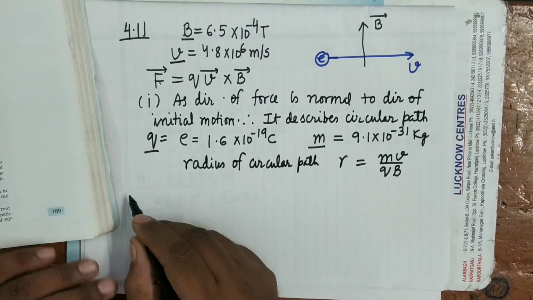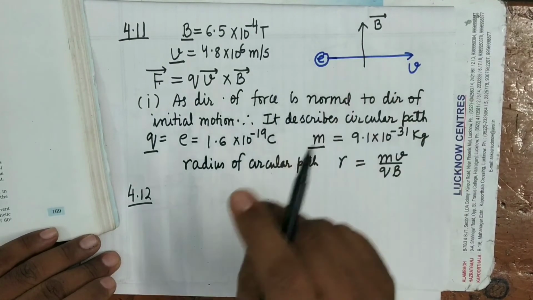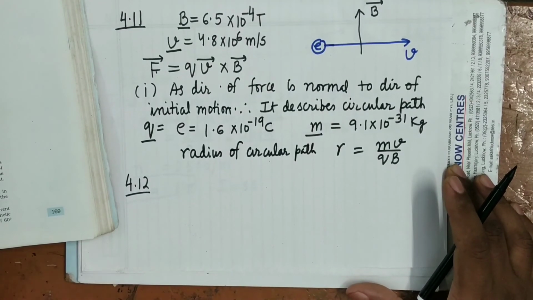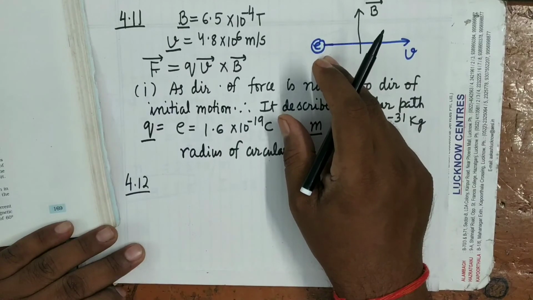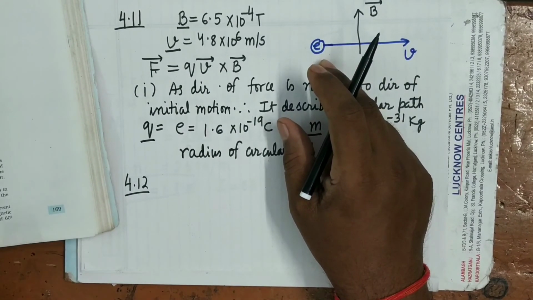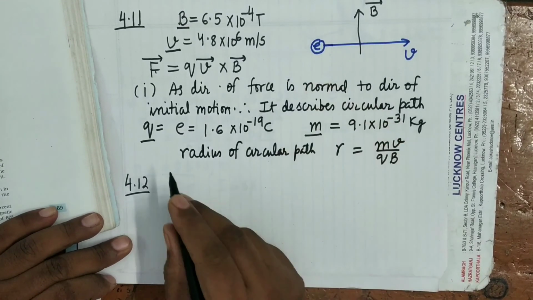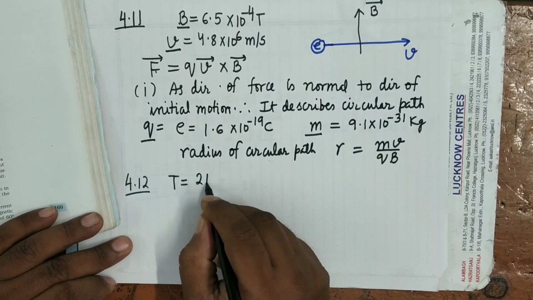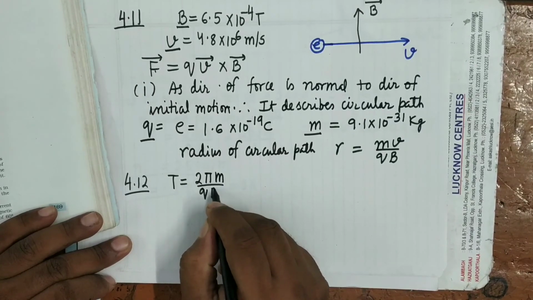Then the next question 4.12, it is also related with this. In question 4.11, obtain the frequency of revolution of the electron in circular orbit. Does the answer depend on the speed of electron? No, it does not depend. As you know, the period of revolution T equals 2 pi m upon qB.